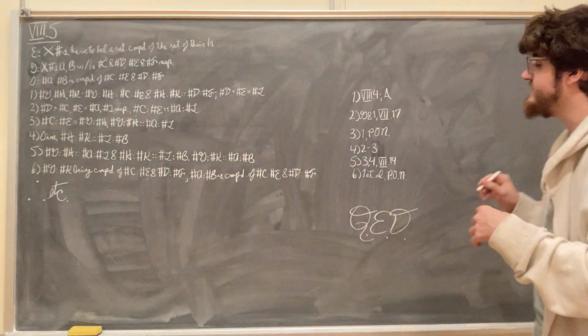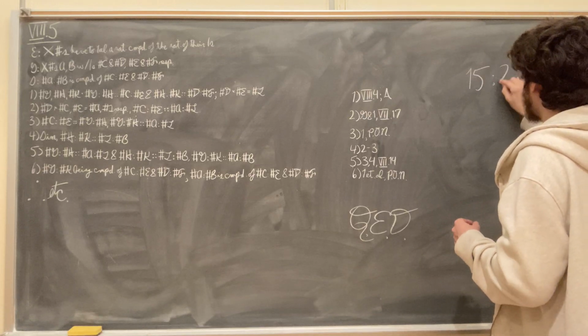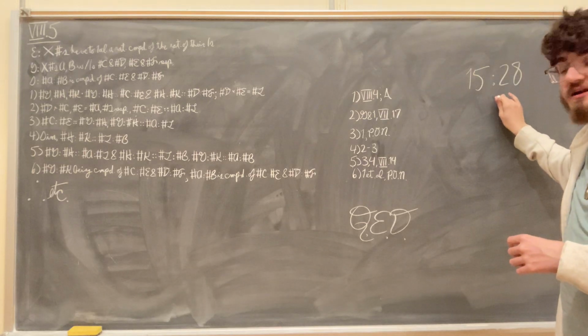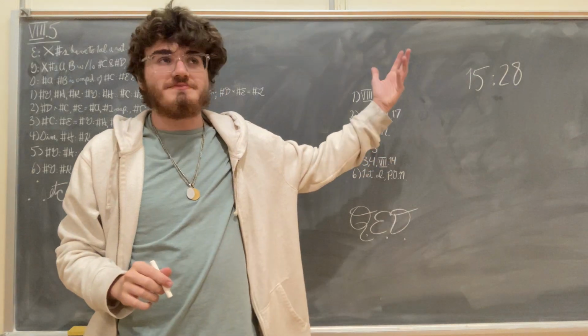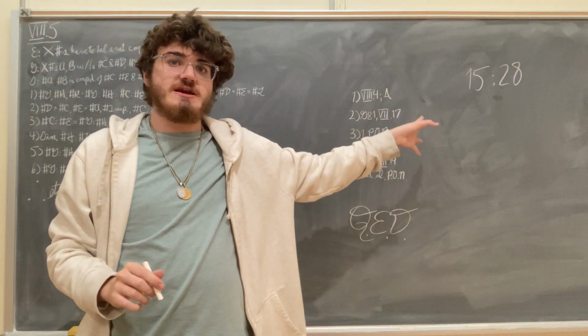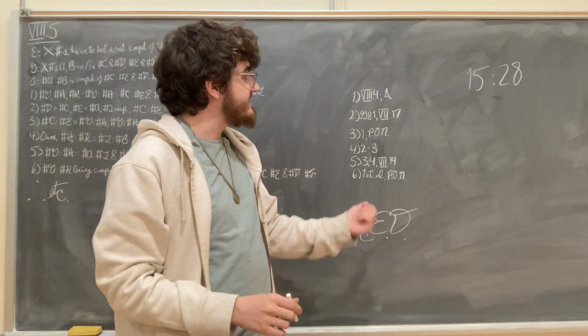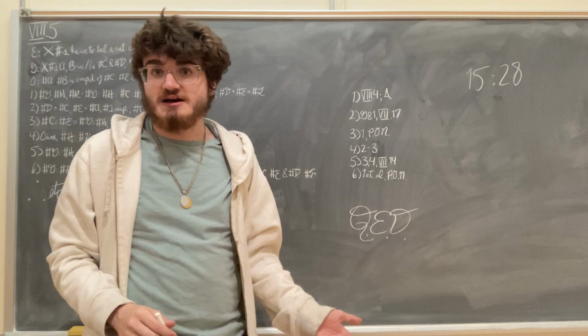So what that would look like here is, say we have two numbers, 15 and 28. And what we want to say about this ratio right here, 15 to 28, is that it is compounded of the ratios of their sides. Well, the sides of 15 are 3 and 5, because 3 times 5 makes 15.